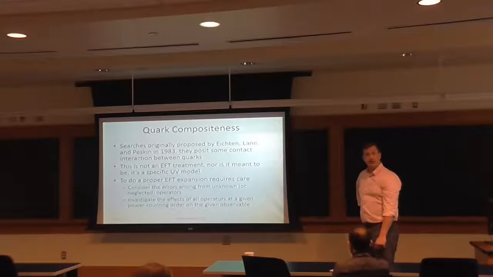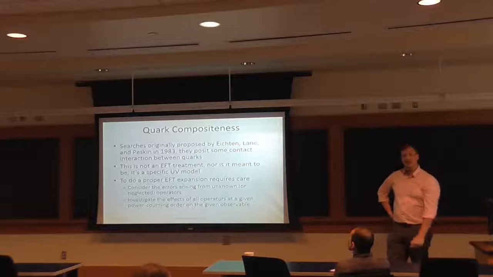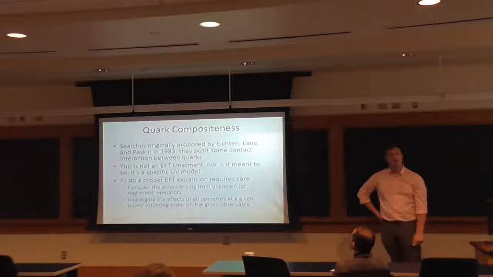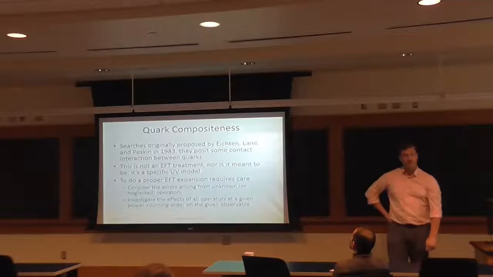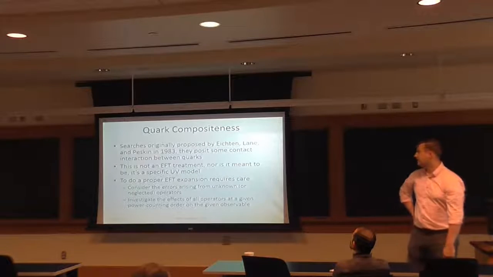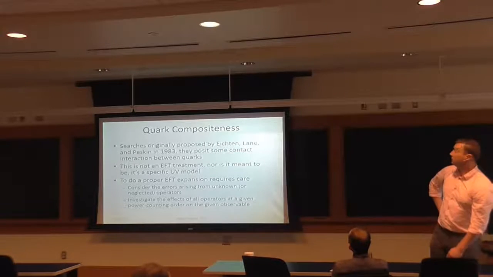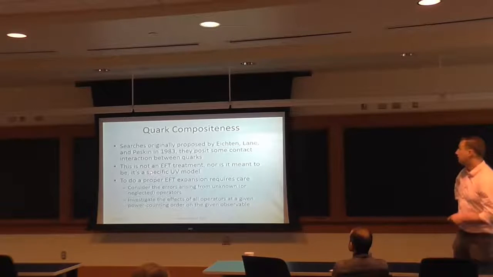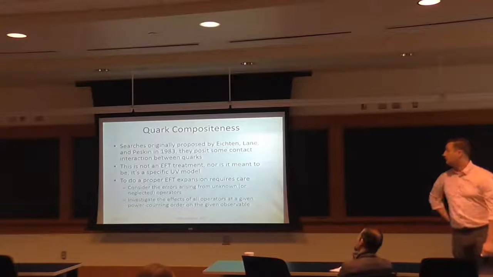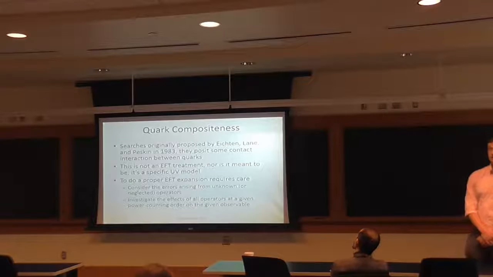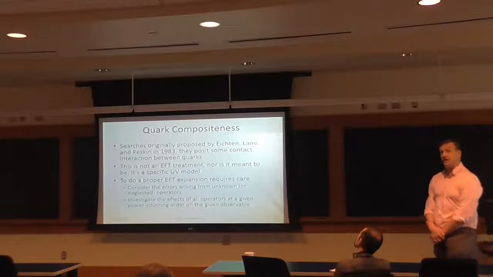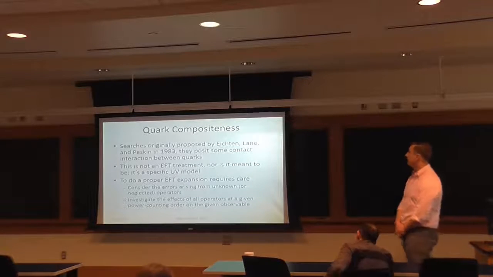So what you do is you go and look at the last time people tried to do this, wrote down these operators, and say something. Back then they were searching for quark compositeness, which is a search proposed slightly before I was born. This is not really an EFT treatment. It's meant to be a specific UV model, and as such they don't truncate in their couplings properly.